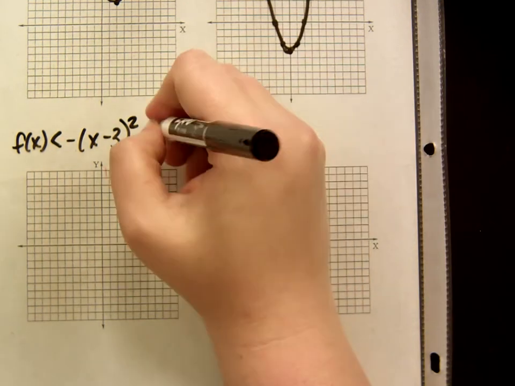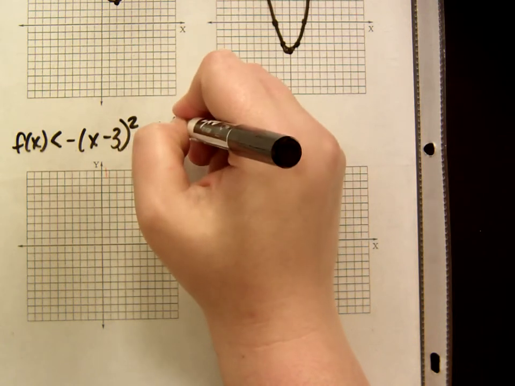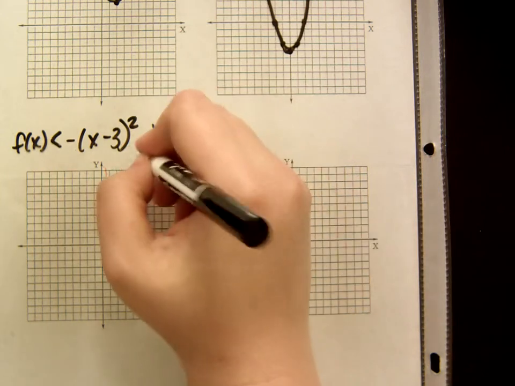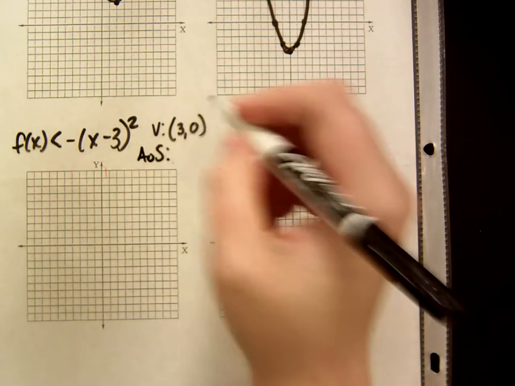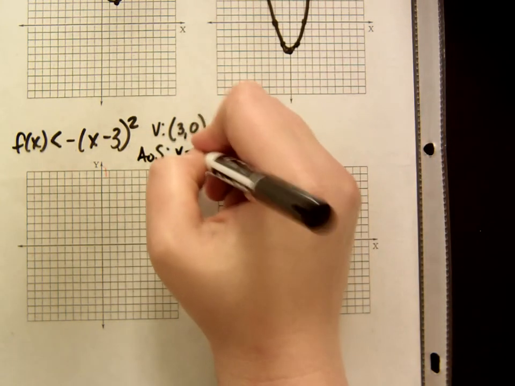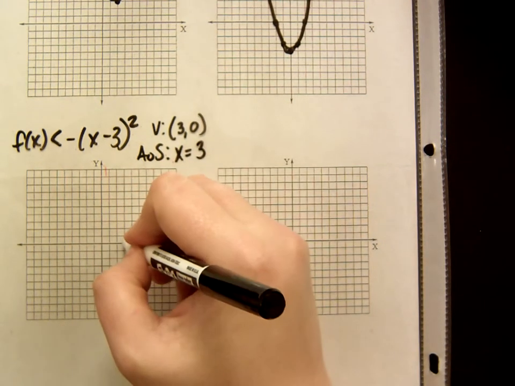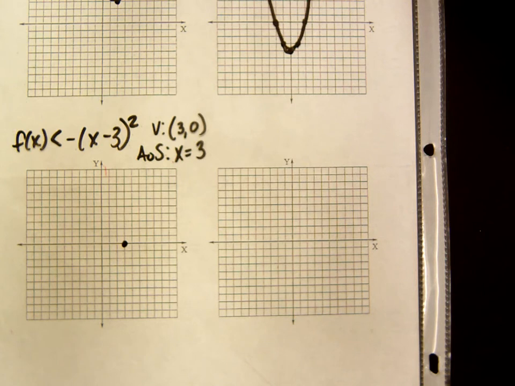So I can tell my vertex is positive 3, 0. And my axis of symmetry is x equals positive 3. So 3, 0 is my vertex. And I can plug in other numbers.